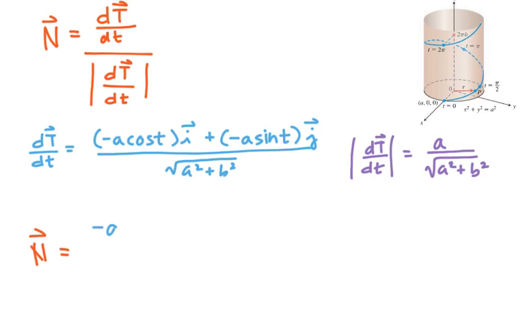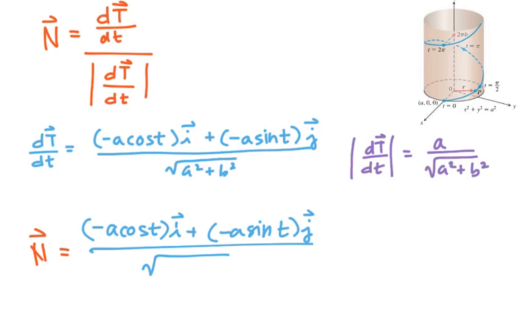So I've got negative a cosine t i plus negative a sine t j over the root a squared plus b squared, then divided by a over square root of a squared plus b squared. We should see pretty easily that those denominators are going to cancel.